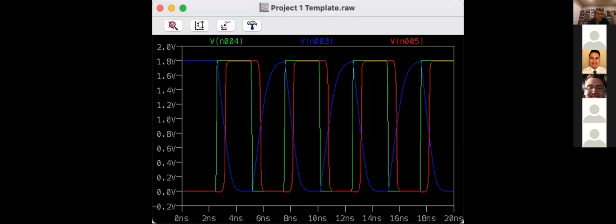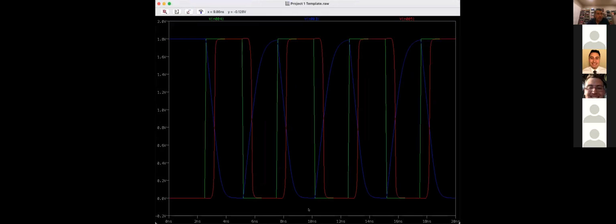Now it's looking pretty hairy. Look at the intermediate point. You don't quite get a real one here. I wouldn't take this as something that's really passing a good 200 megahertz signal.